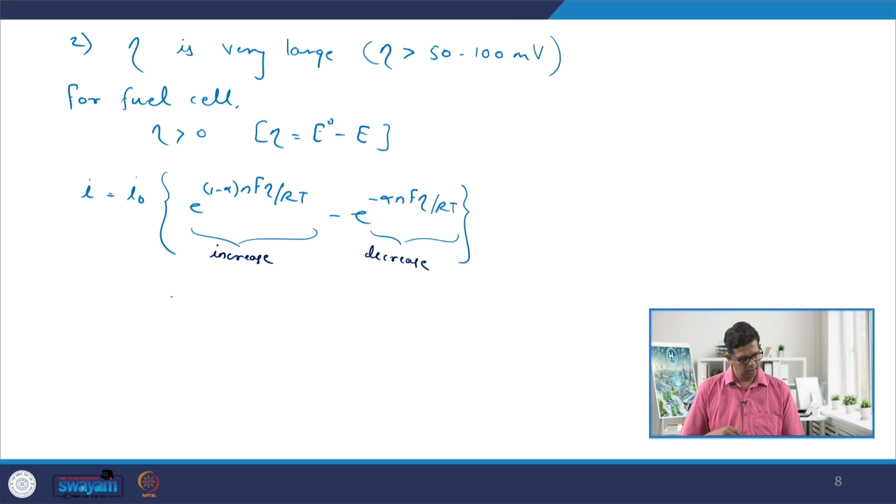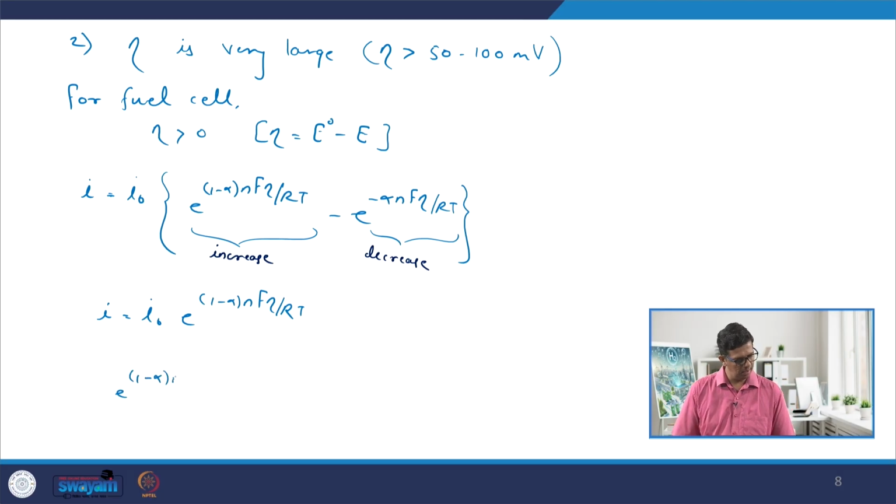So, the second factor, which is going to decrease, we can neglect, and we can write the same equation as I equals I naught e to the power (1 minus alpha) nF eta by RT. In other words, e to the power (1 minus alpha) nF eta by RT equals I by I naught. I have just rearranged the terms.